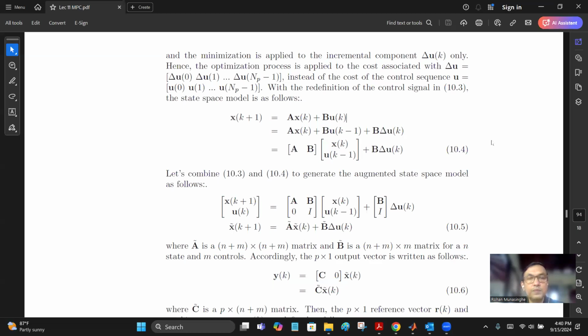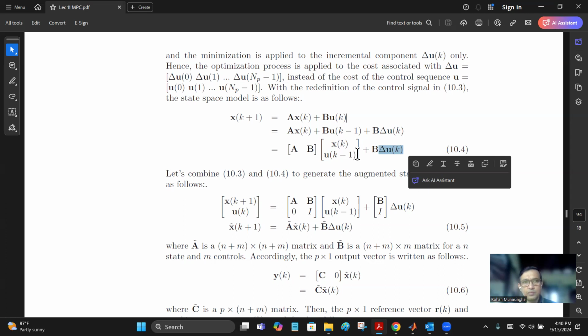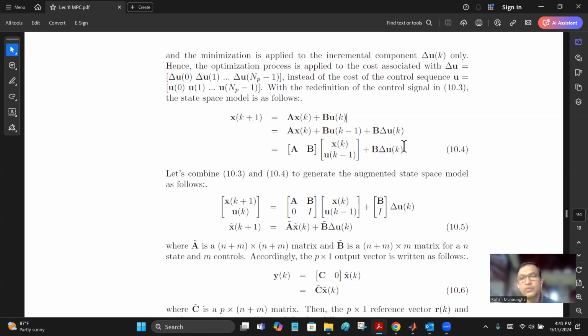All right. So now you can arrange this state space model to this format where you have x_k and u_{k-1} both as state variables and the control variable as delta u_k, right? So the system has been transferred to a new system, because you cannot have u_{k-1} as part of your control signal.